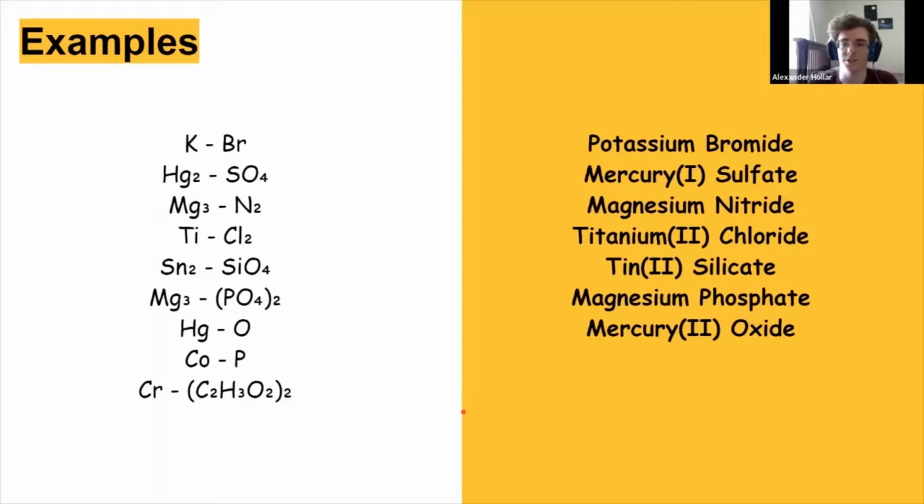So it's called Mercury 2 because there is a formal +2 charge on that Mercury. Whereas with the sulfate, like Isaiah was saying, sulfates have a -2 charge. In this case, we have 2 mercuries to counteract that, which means each mercury has a +1 charge. So it has the Roman numeral 1 there.